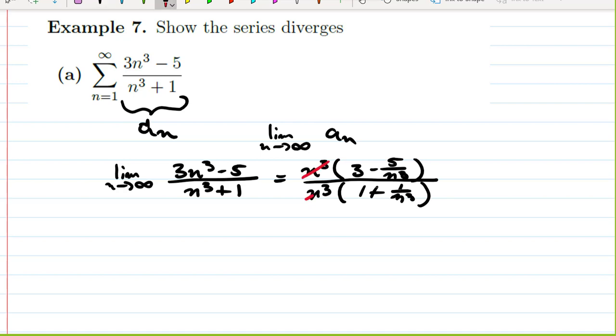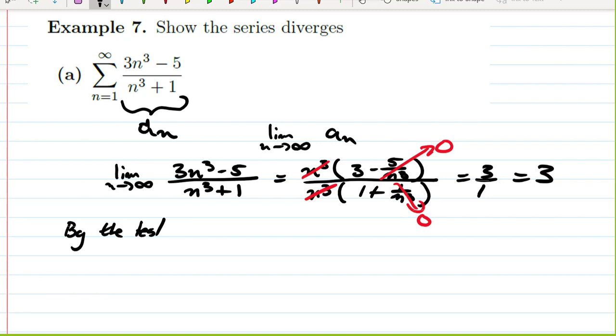Our n cubeds reduce out, and now when we take the limit, a constant divided by infinity is 0, and the constant divided by infinity is 0, so our limit converges to 3 over 1, which gives us 3. So by the test for divergence, the series diverges.